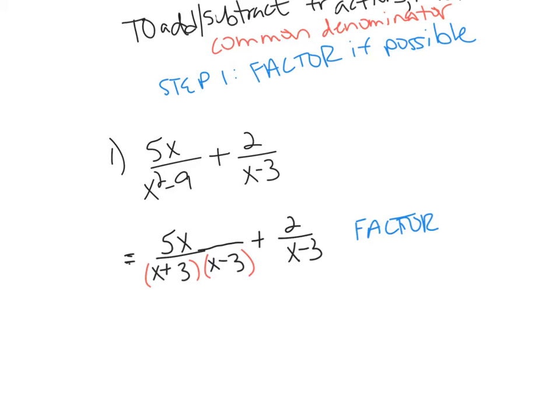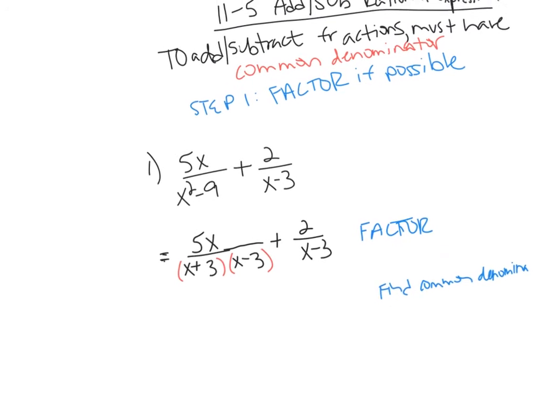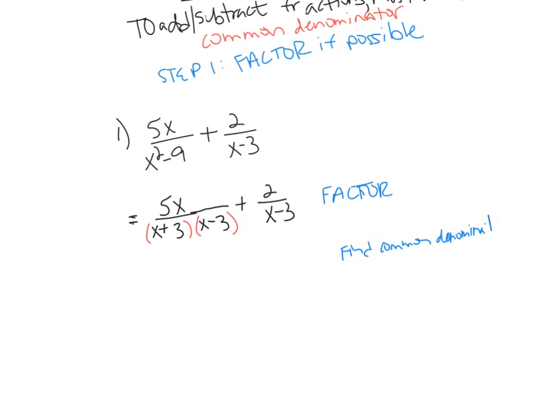So we're going to find a common denominator. For this problem, our common denominator is going to be what they both have, which would be x plus 3 and x minus 3.